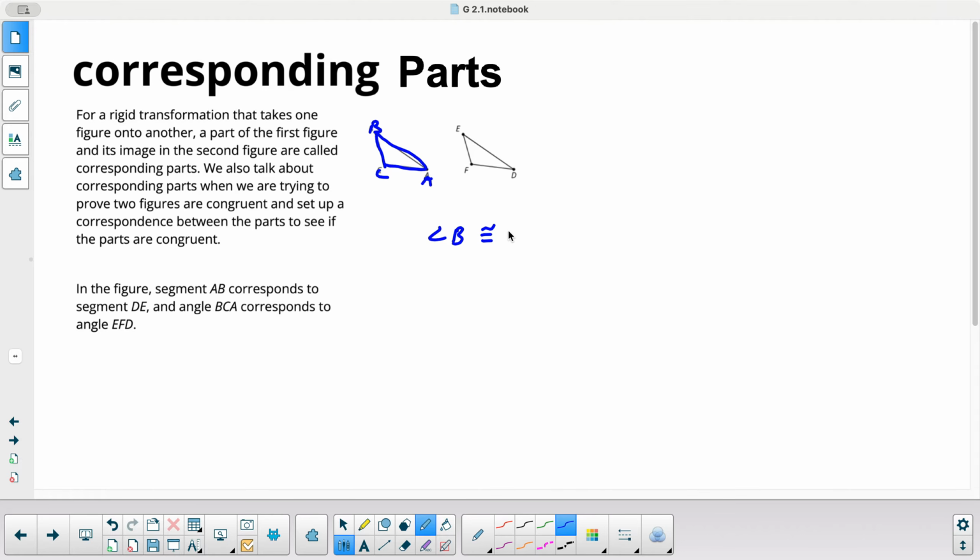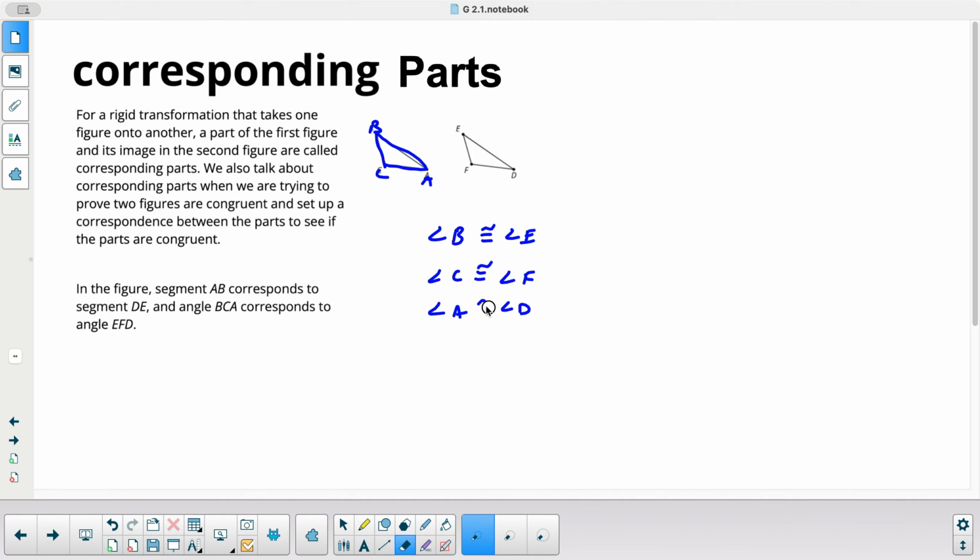So I'll just say it's congruent to angle E. Okay. Angle C is congruent to angle F, and angle A is congruent to angle D. All right, and we know they're congruent because it's rigid motion.